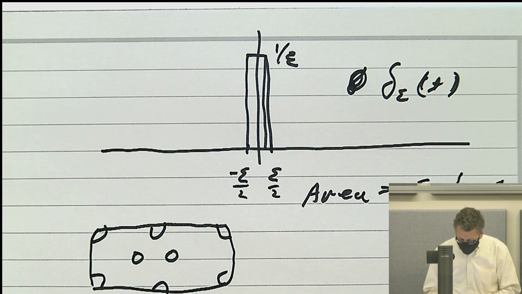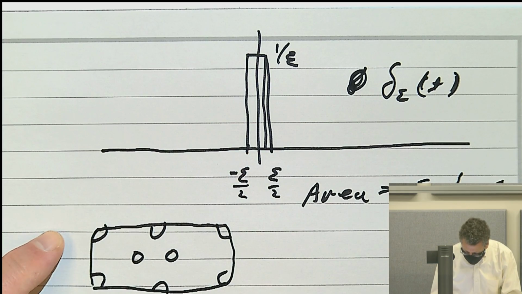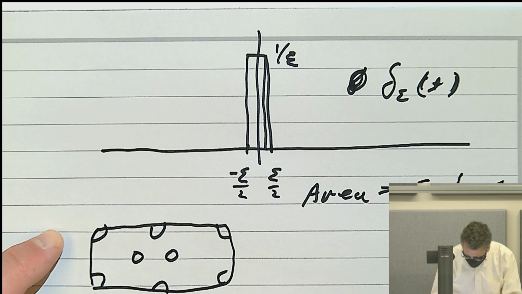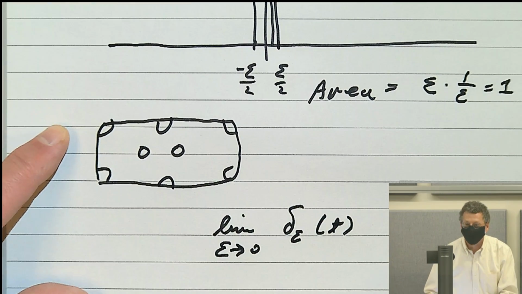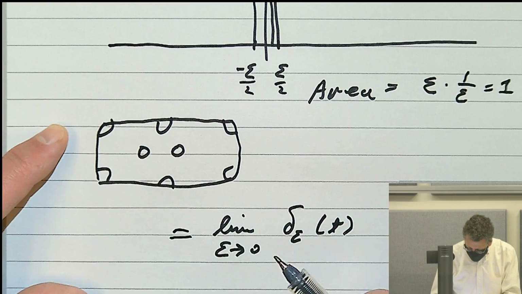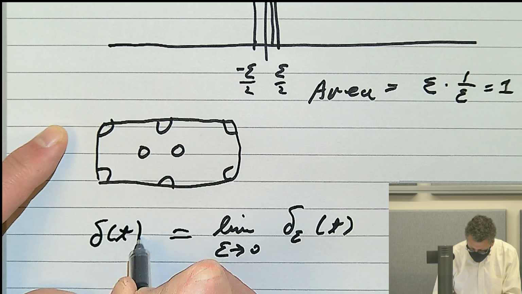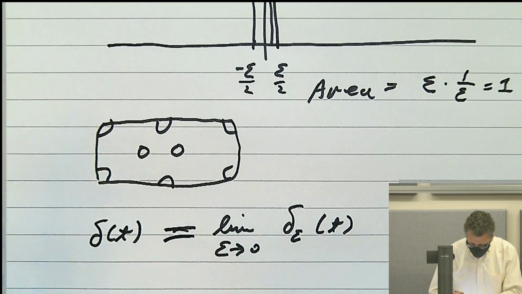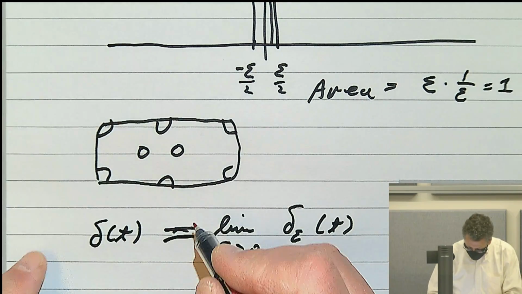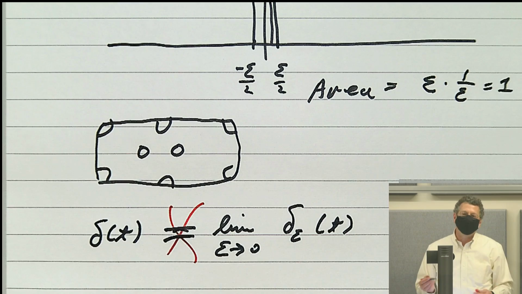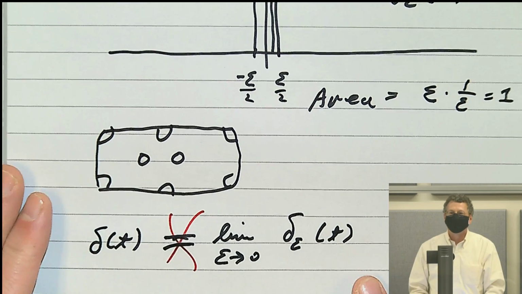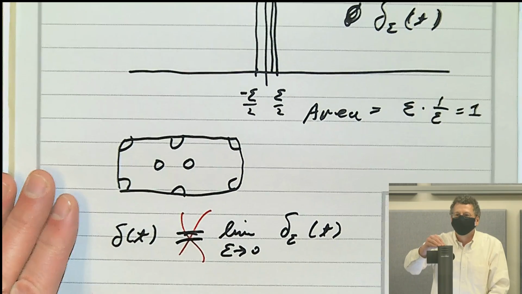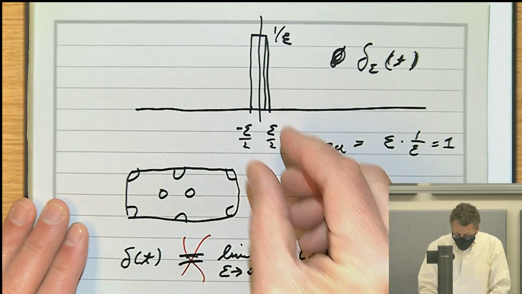So mathematically, you'd like to be able to say that the limit as epsilon goes to 0 of delta epsilon of t is delta of t. Unfortunately, even though you'd like to say it, it's not true. So it's intuitively true, but it's not really true. Because if you take the limit, this goes to 0.